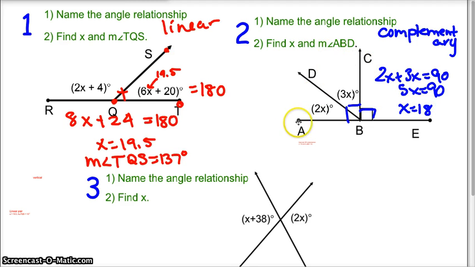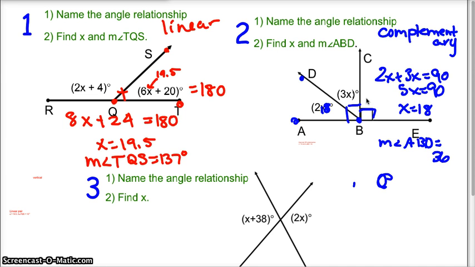It's asking for the measure of angle ABD. So when I plug in the 18, there it goes. The measure of angle ABD is equal to 36.